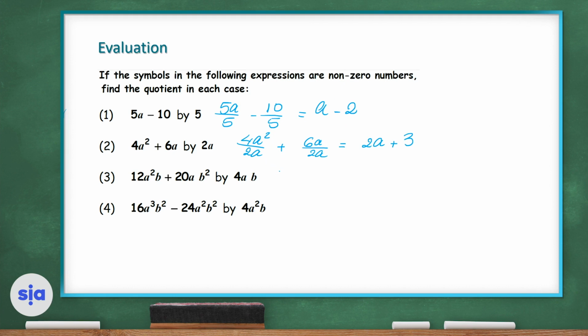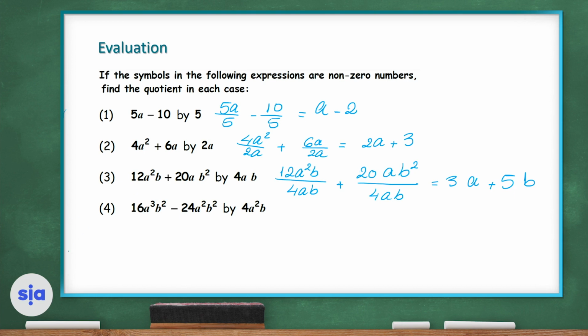Question 3, it will be 12a squared b divided by 4ab plus 20ab squared divided by 4ab. Then here 12 over 4 is 3, and then a squared over a and b are crossed out together, plus 20 over 4 is 5, and then the a's are crossed out together, and here is 1b.